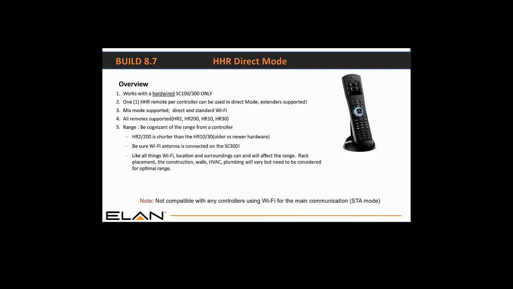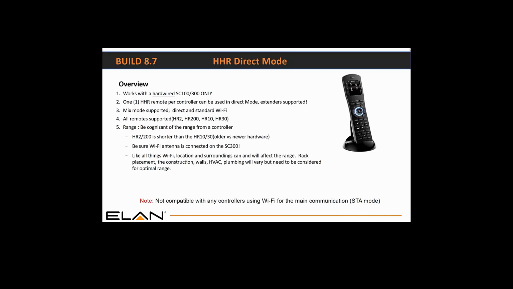It's a drastically different range without the antenna. Trust me. And like all things Wi-Fi, the construction of the home totally makes a difference, going through walls and ceilings and things like that. So it's always worth a check, but the range is typically, again, similar to Bluetooth. It's about 30 feet for a good connection.